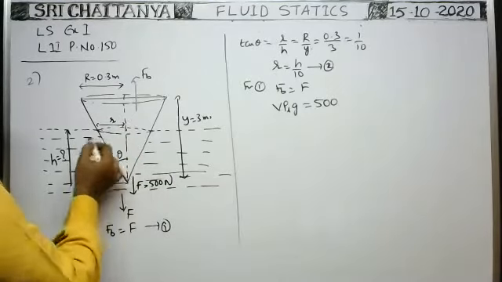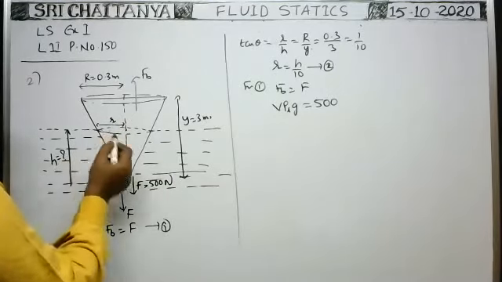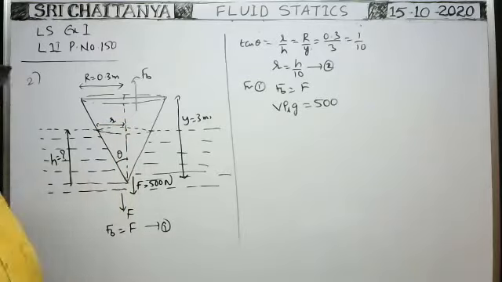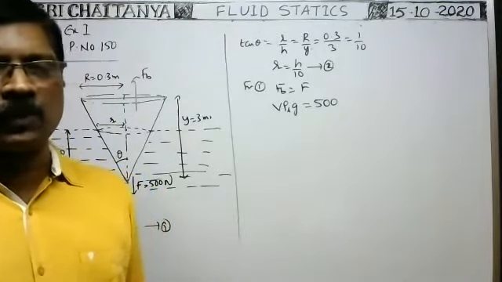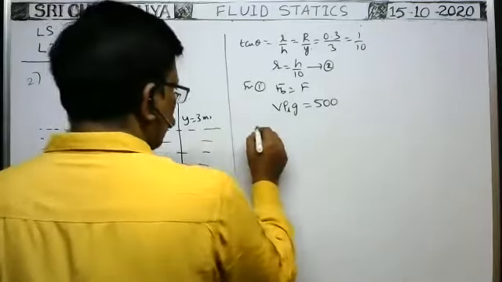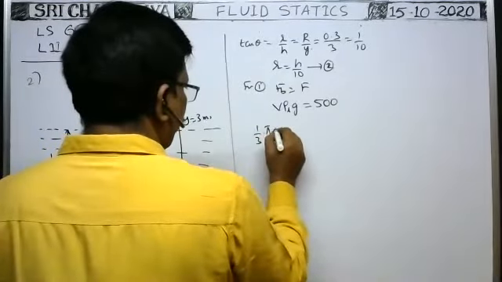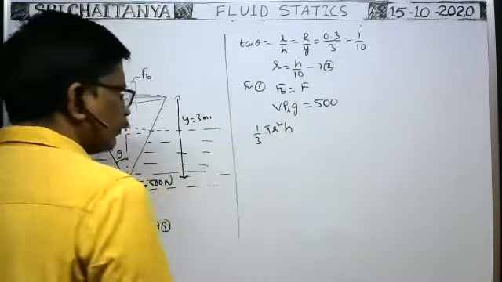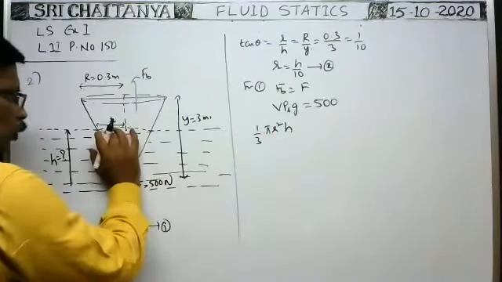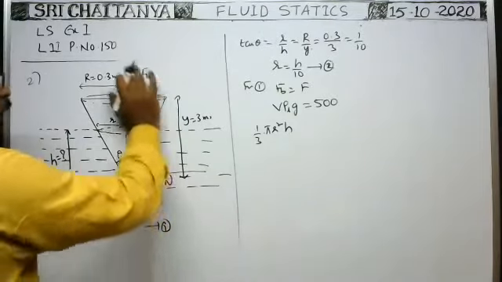So what is the volume of the cone submerged here? The height of the cone submerged is small h, radius is r. If height is h and radius is r, the volume of the cone is 1/3 pi r square h, where h means small h. This is the volume of the cone only submerged. You should not write the total volume of the cone.